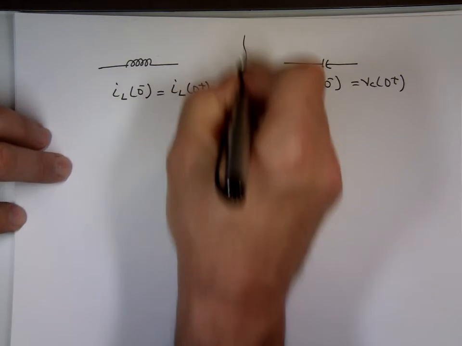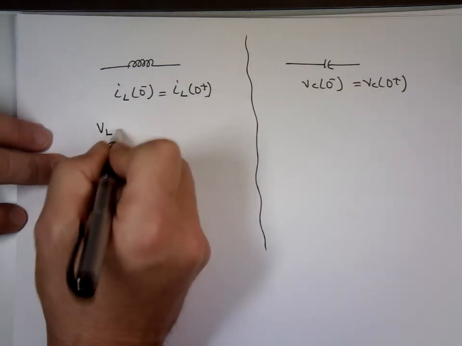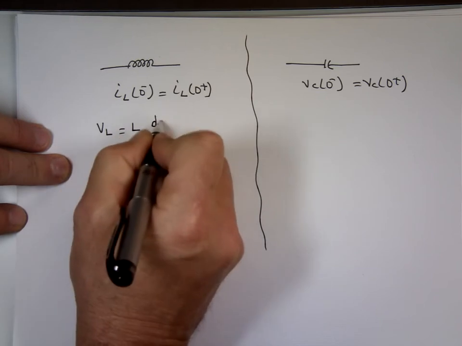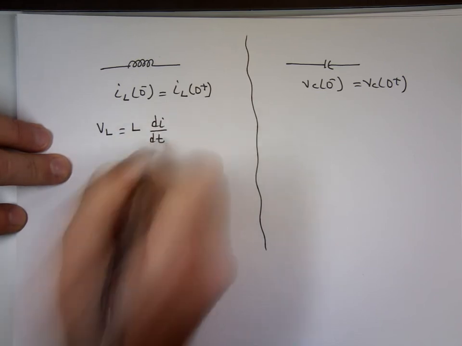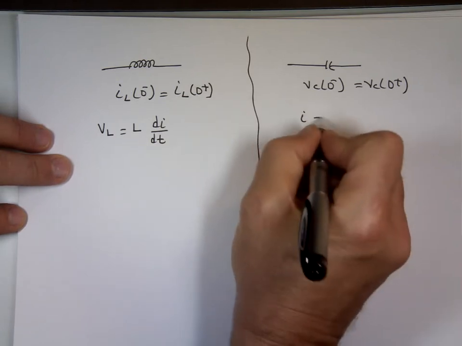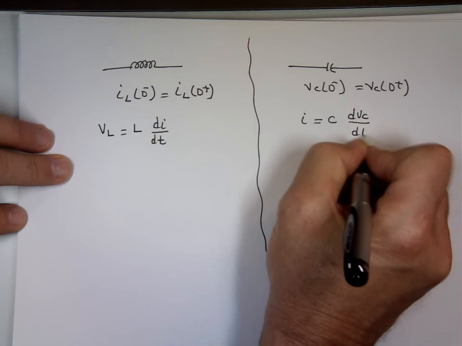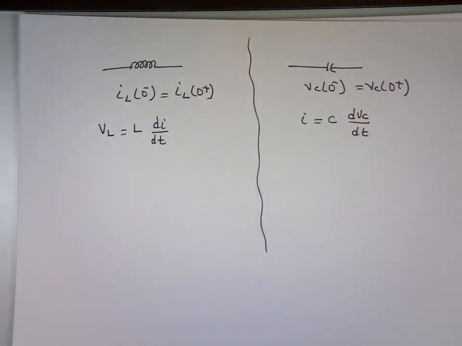We also know quickly V for an inductor equals L di/dt. And for a capacitor, I equals what? C dVc/dt. So when you have a capacitor, you're really looking for KCL, nodal equations.